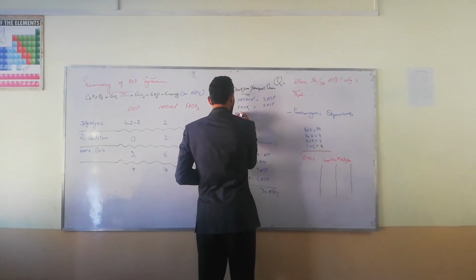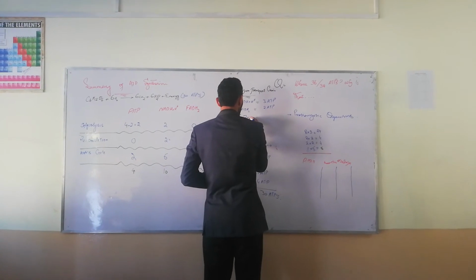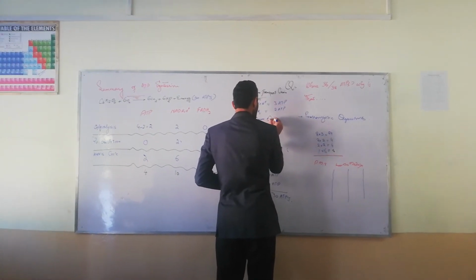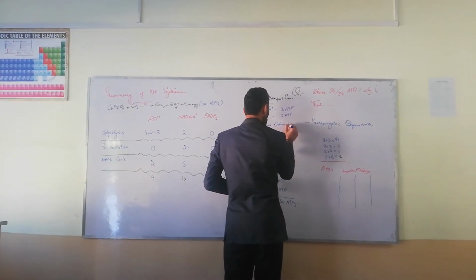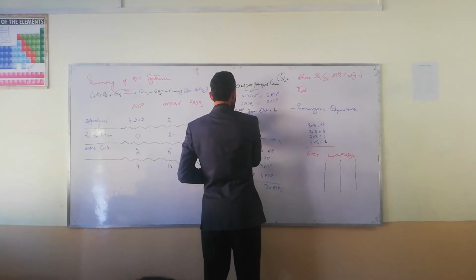0.5 ATP from the matrix to the perimitochondrial site.